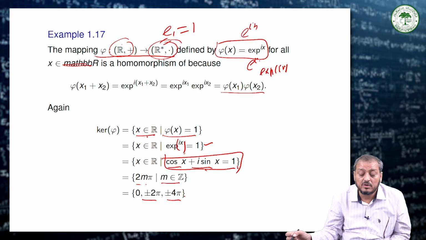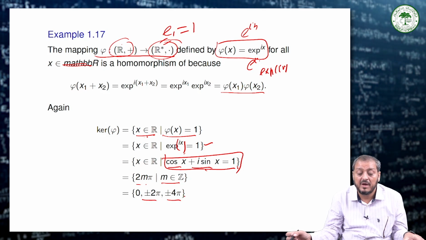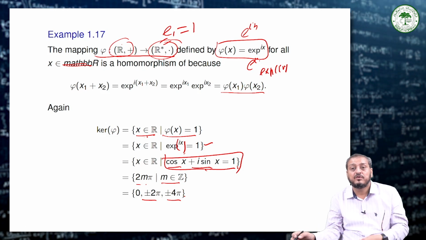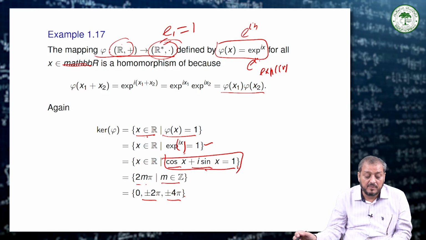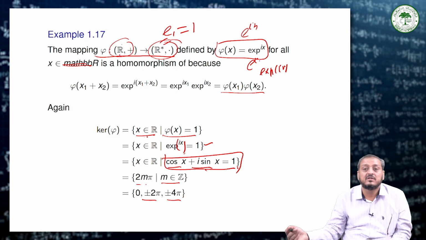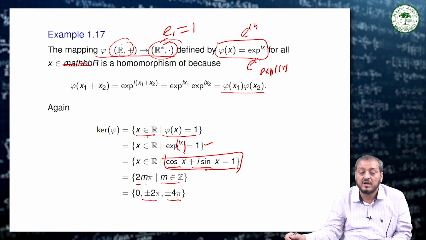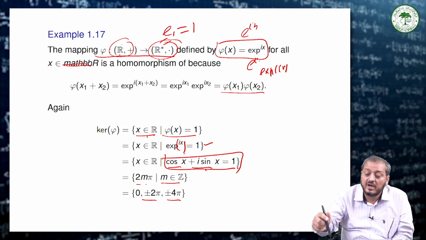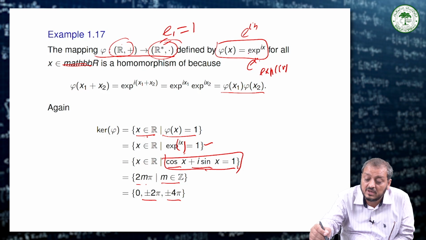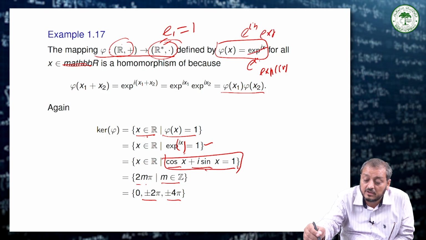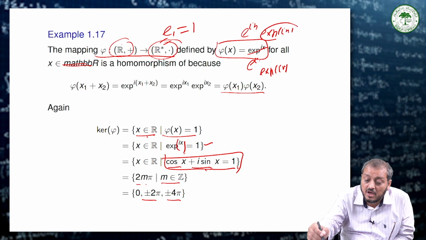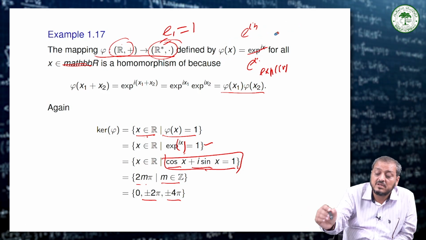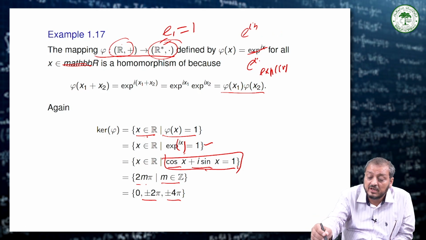So in this case, this map is defined from the set of real numbers under addition to the set of non-zero numbers under multiplication, and we define phi of x as the exponential of ix. This is not a power, it is simply written as the exponential.